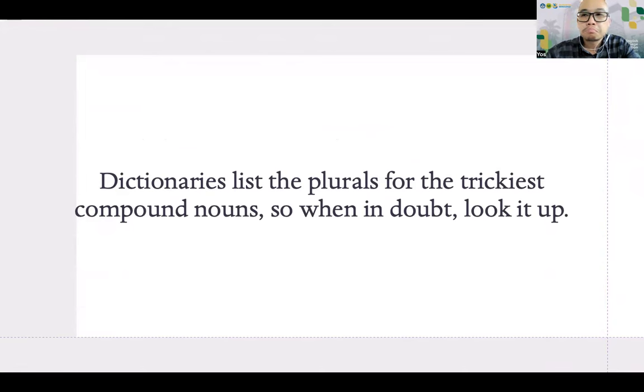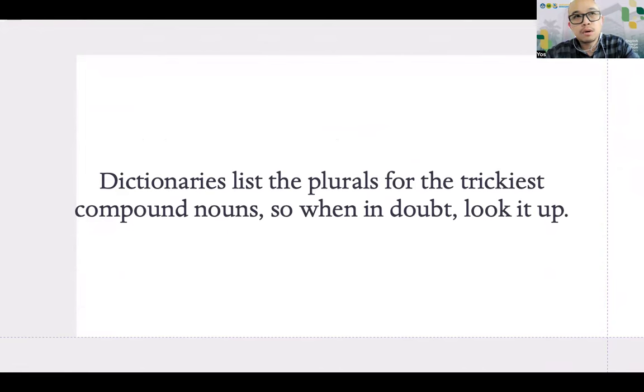So fortunately, dictionaries list the plurals for the trickiest compound nouns. So when in doubt, please look it up in your dictionaries.